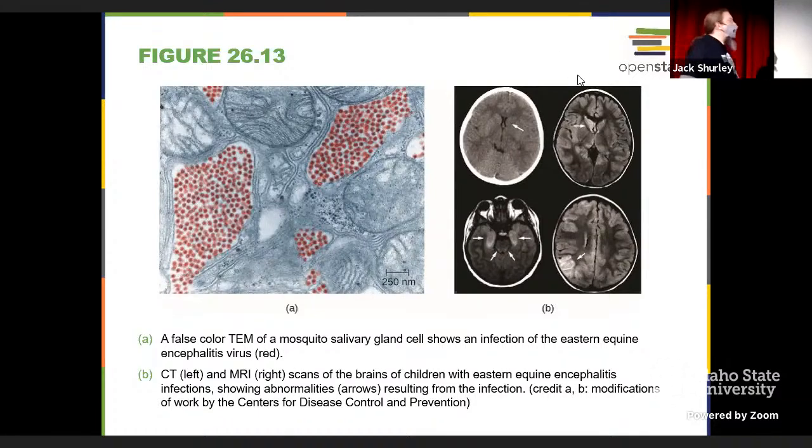So the end of chapter 26, the last bit of stuff, we've got a handful of organisms still to think about. There's some viral causes of central nervous system infection. There are some parasites, some protists, and some helminths.